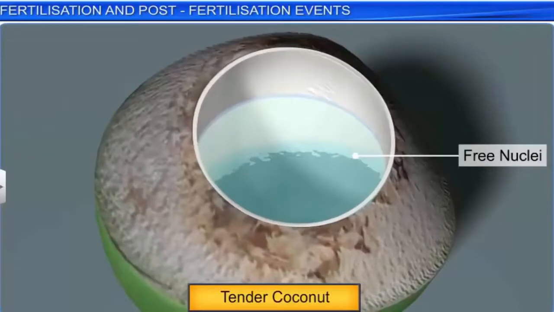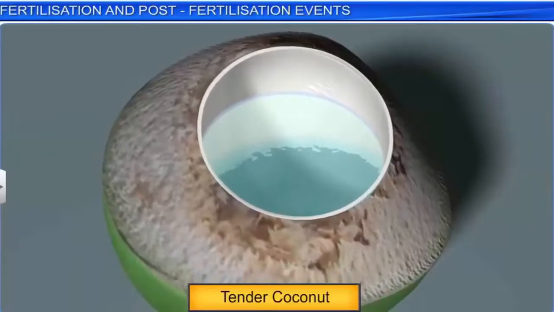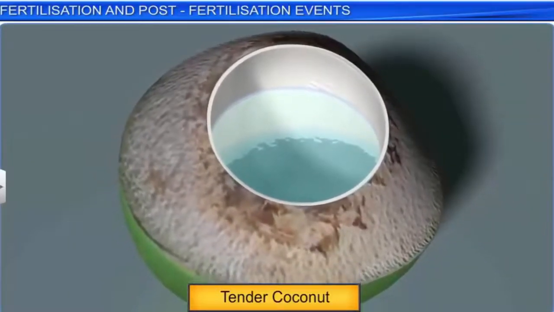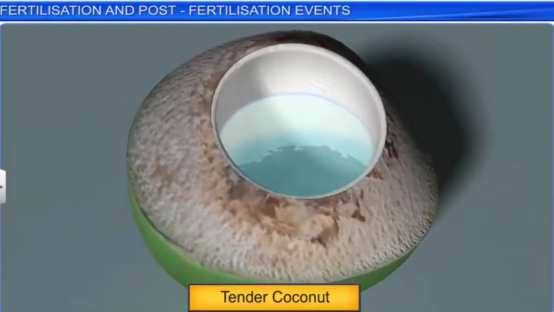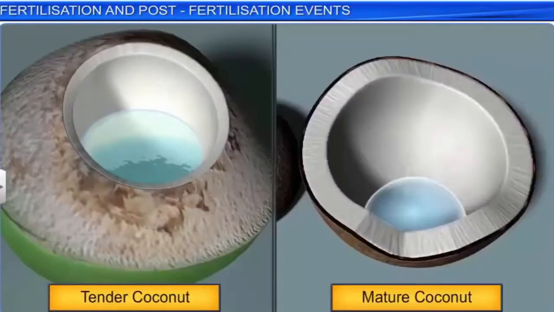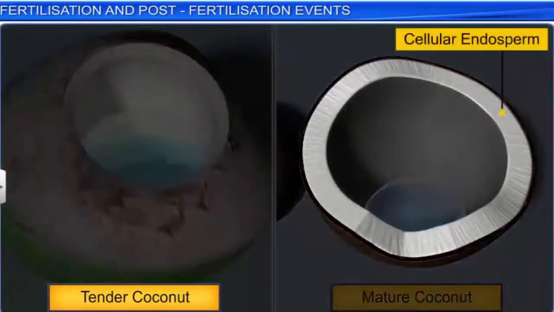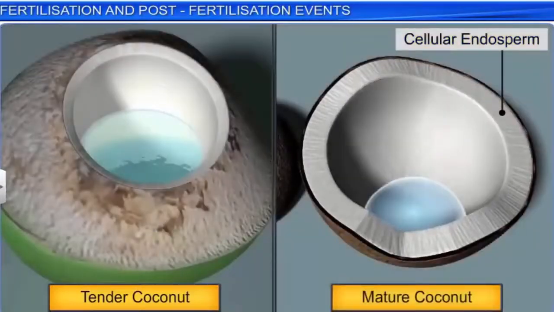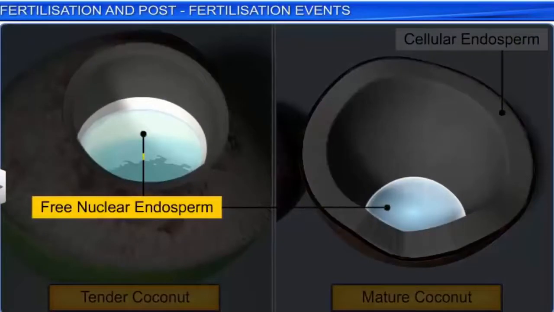As the coconut matures, cellularization leads to a decrease in the quantity of water and the formation of the white kernel, the cellular endosperm. Therefore, in the coconut, we find both free nuclear endosperm made up of thousands of nuclei and cellular endosperm.